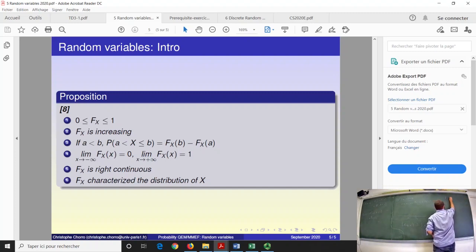Let me remind you of this. You have f from R into R. Continuity: you can express the continuity in this situation using sequences. C0 means continuity.